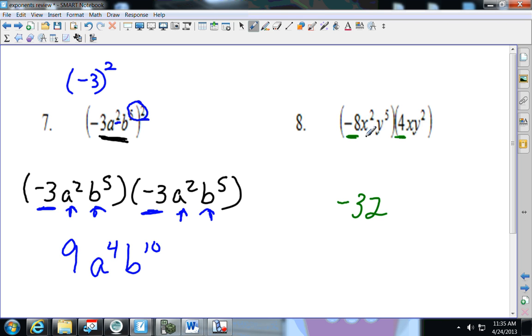Now I have x squared times x to the 1st power. How many total x's is that? I have 1 and 2, which is x to the 3rd power. Then I have my y's right here. I have 5y and 2y's. How many y's? Y to the 7th. That's my answer.